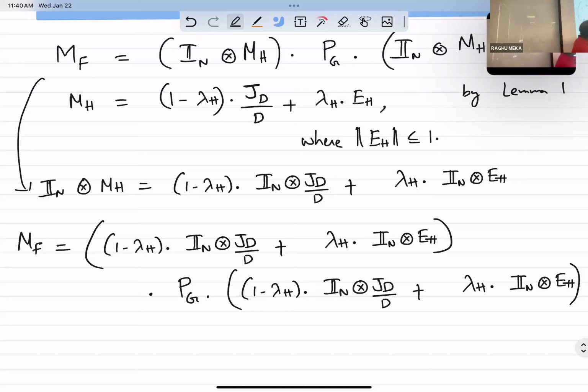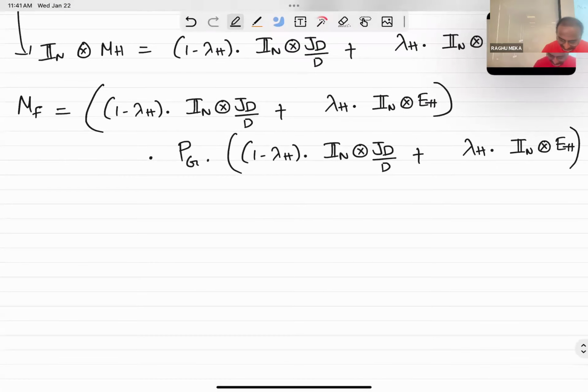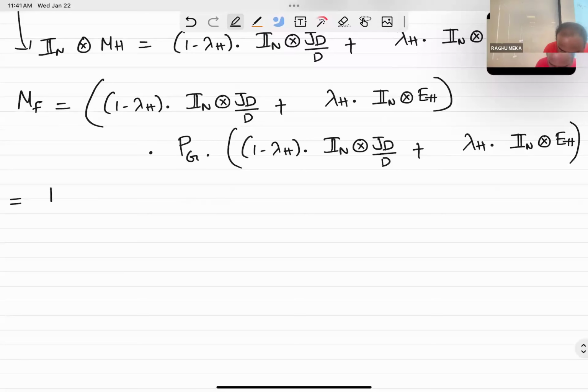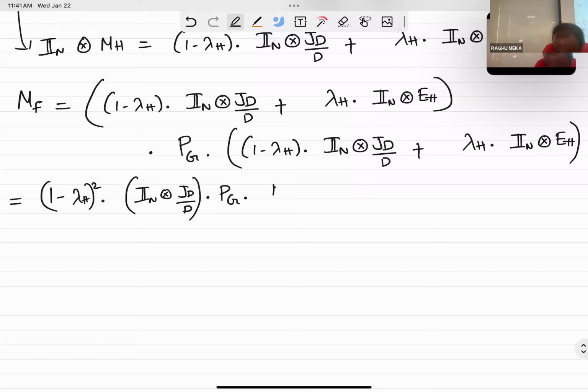If I multiply this thing out, I have term 1, term 2, and then term 3, term 4. I'll get 4 terms. So I'll get (1 minus lambda h) whole squared times something, and then a bunch of other terms.